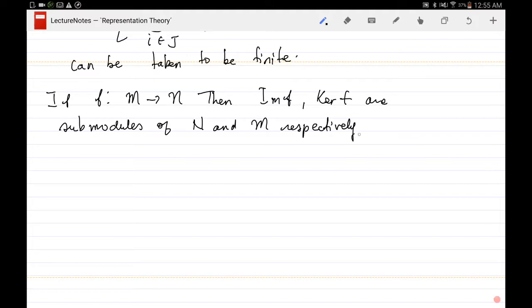I'm not going to go through the proof because in the third video on Maschke's theorem, I proved a version of this for representations.